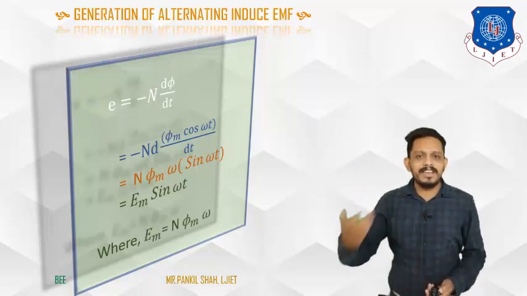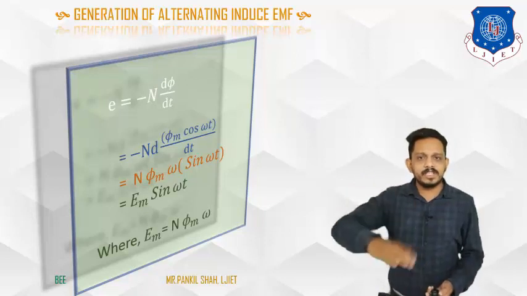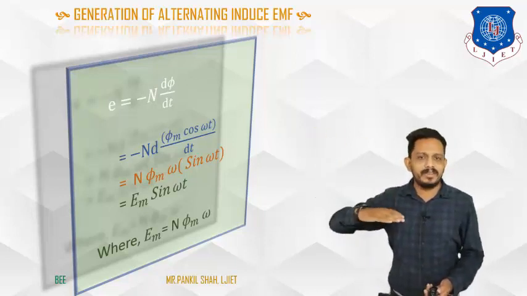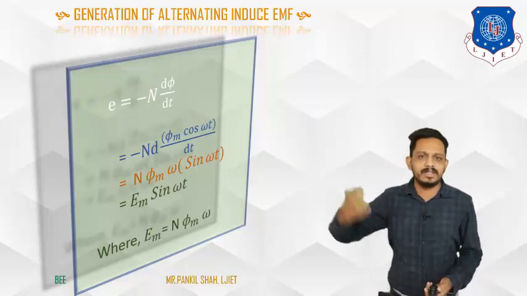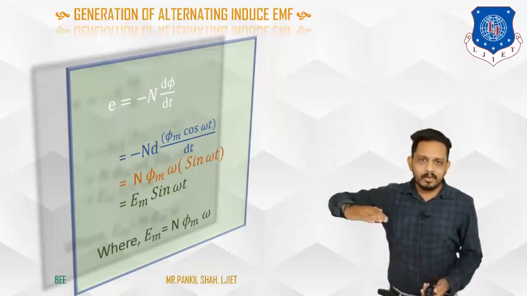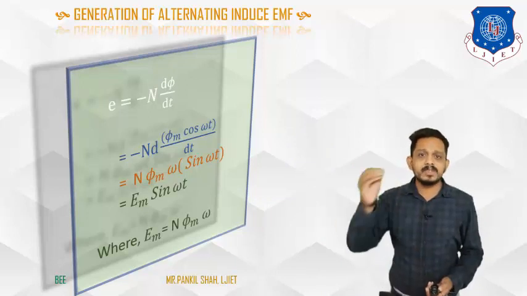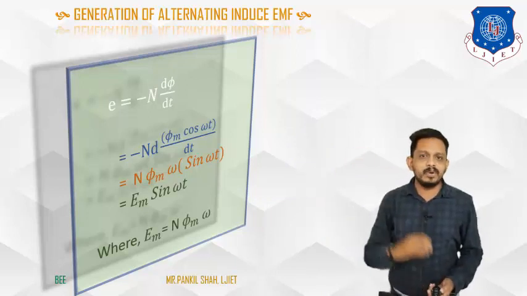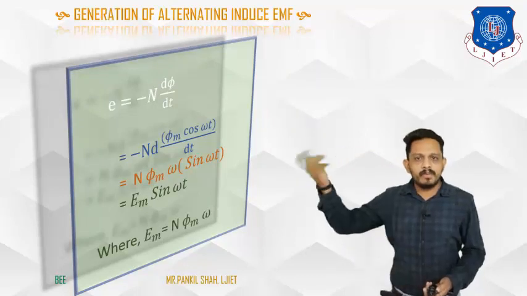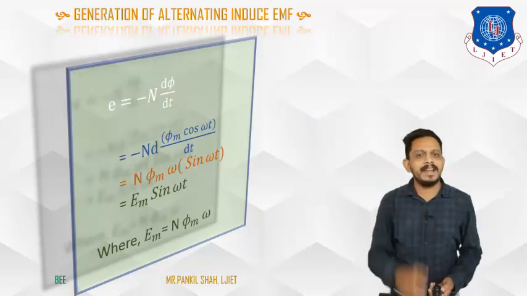So no EMF is there, because you have just placed the coil, you have not rotated it. Flux is not changing, but whenever you start rotating this coil, at 90 degrees, flux has changed from maximum to 0. So EMF has also changed from 0 to maximum, because sine 90 is 1.